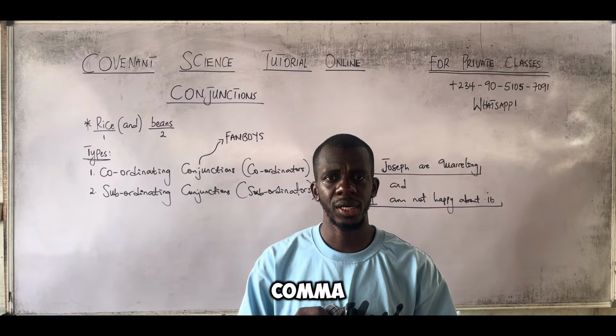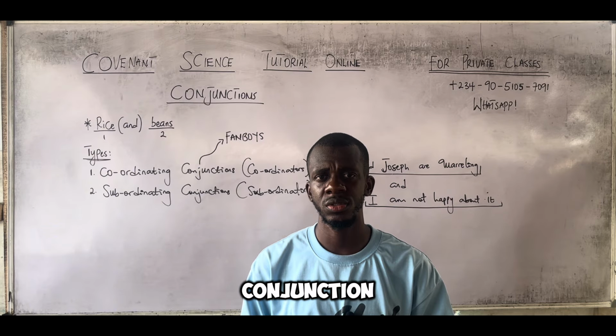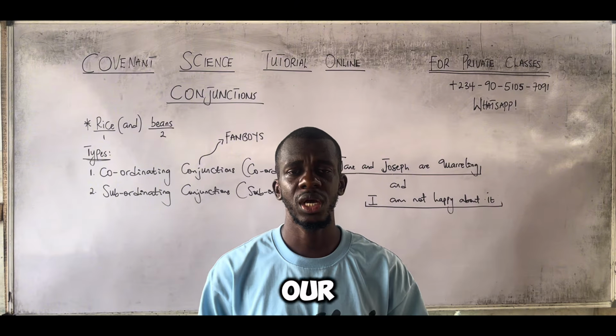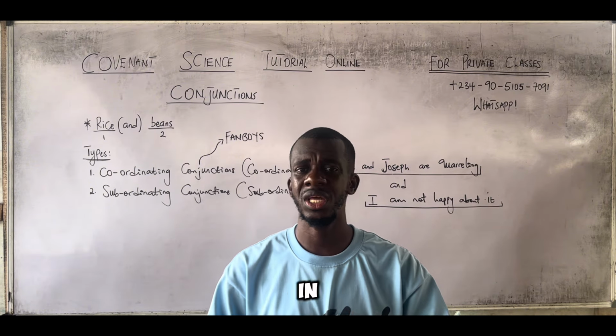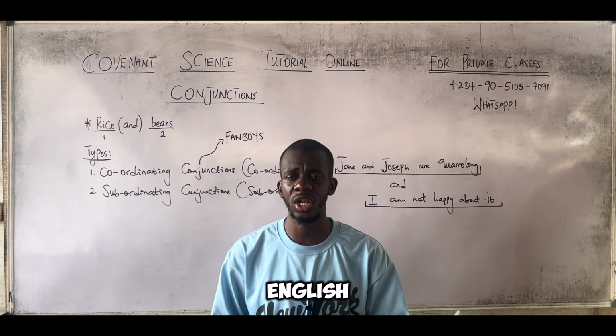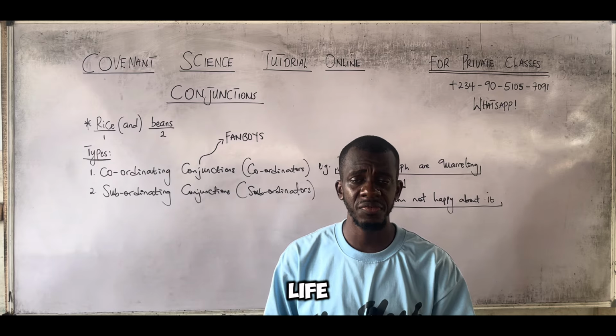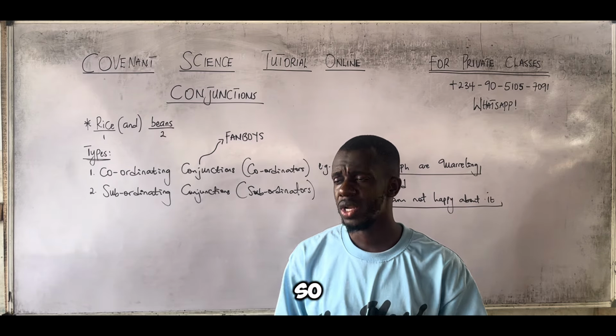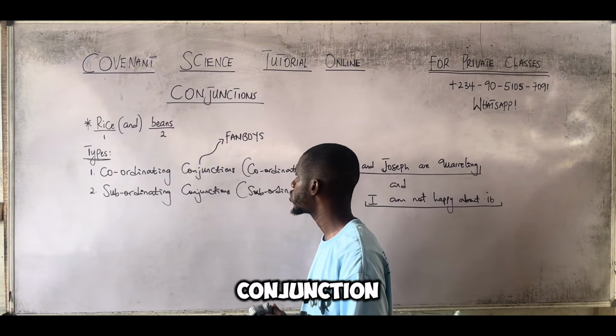The comma works as a conjunction. So in sentence formation, in creative writing, or in any form of writing you do in the English language or in any sphere of life, the comma can serve as a conjunction. So now we know the definition of a conjunction.